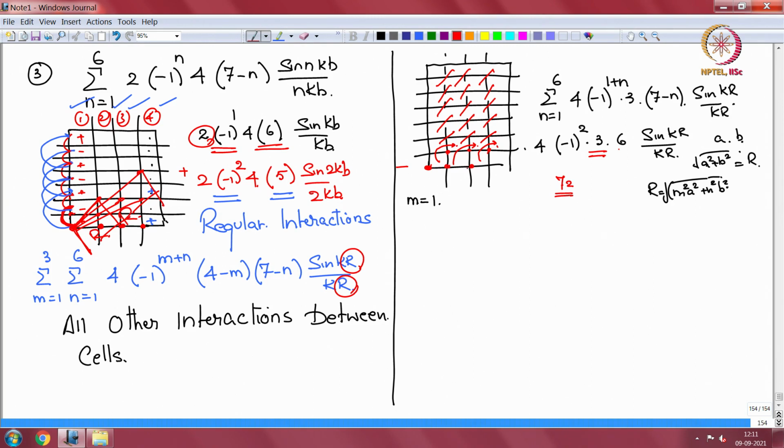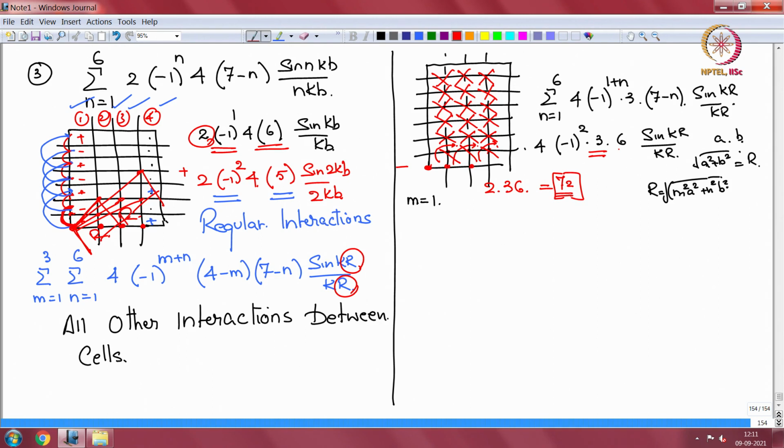Then, okay, 19 through 36. Okay, and then 2 cells, that's 72.